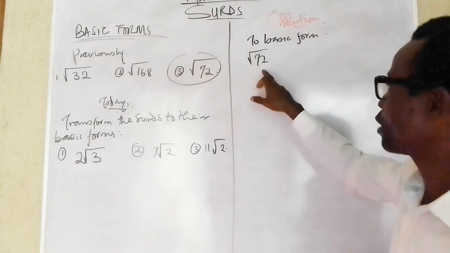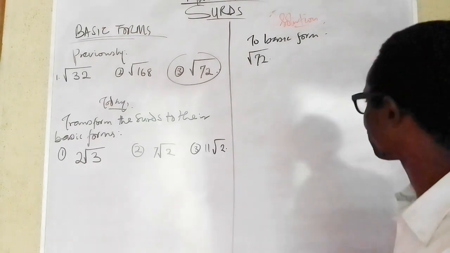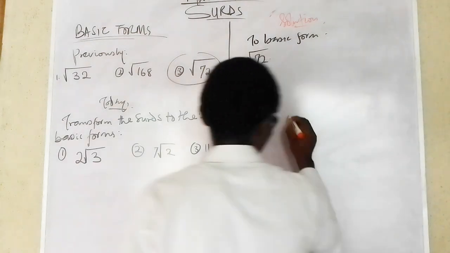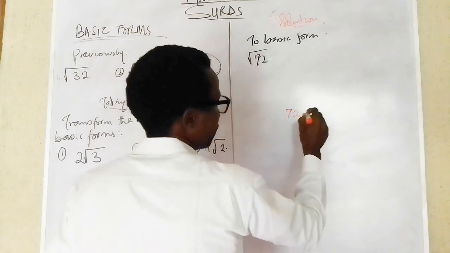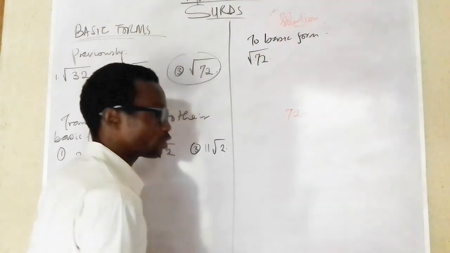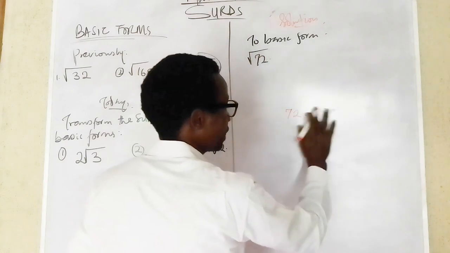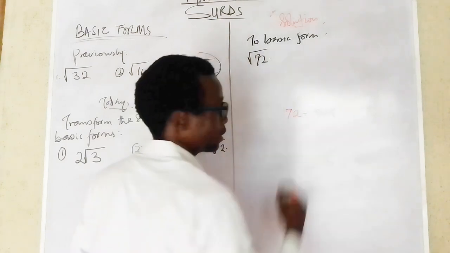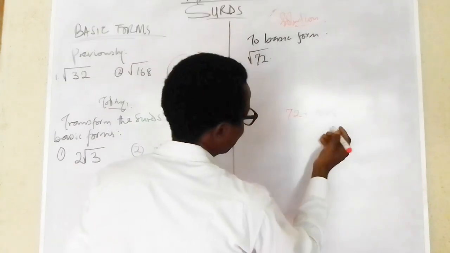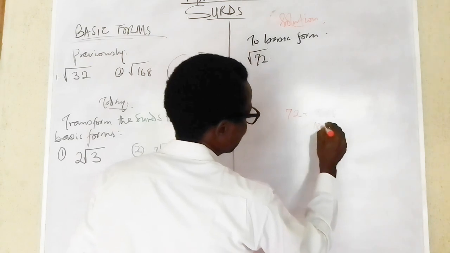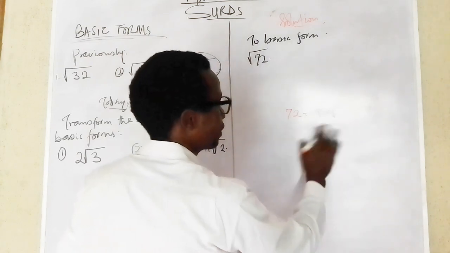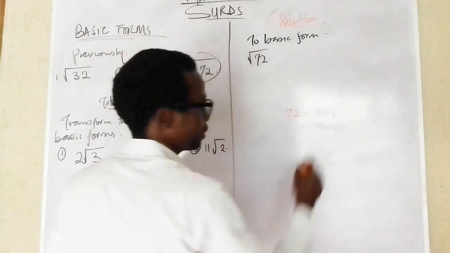So with this, ask yourself, what is 72? 72 is the same thing as what? 8 times 9, or whichever way you say it, 9 times 8. And 72 is the same thing as 18 times 4, or if you like, 4 times 18.